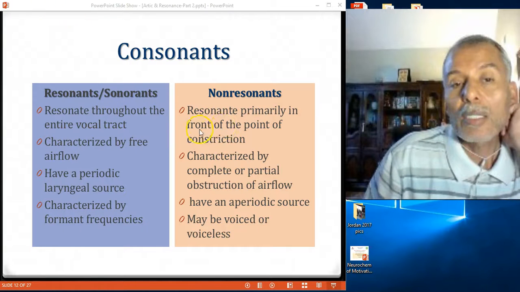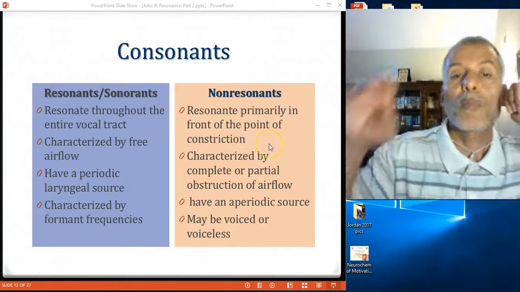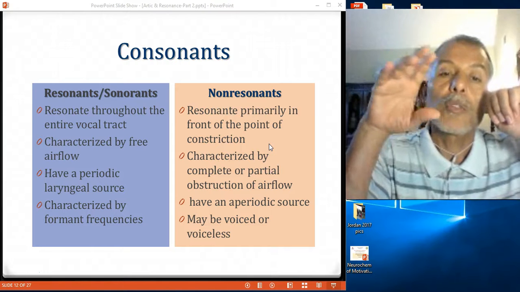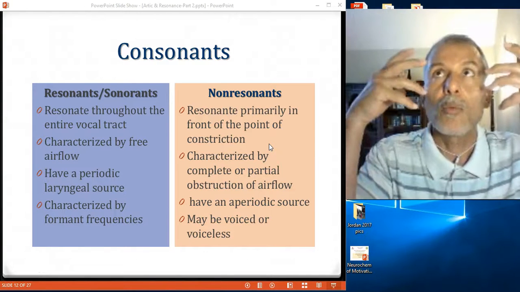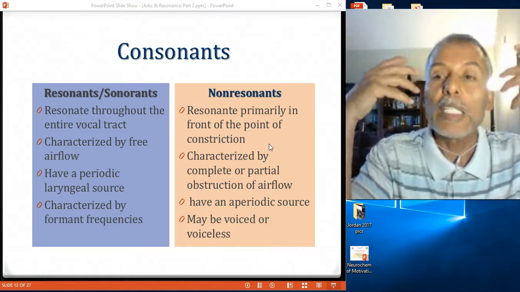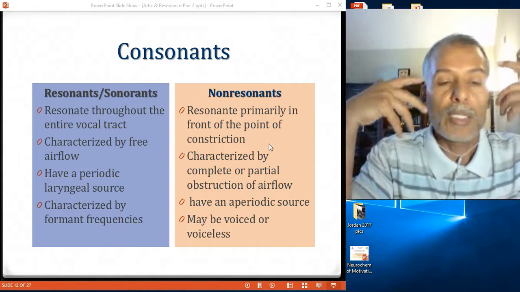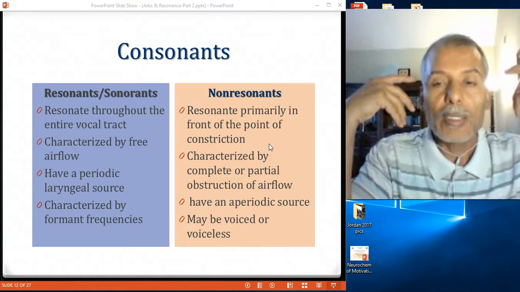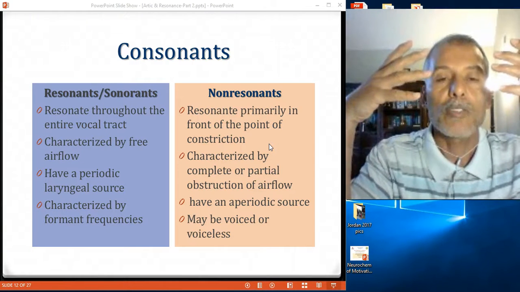For non-resonants, they primarily occur in front of a point of constriction. They all have some kind of constriction. That constriction could be complete or could be partial. Complete, like if you say a sound like k, it shuts down the airway, shuts down the entire vocal tract.